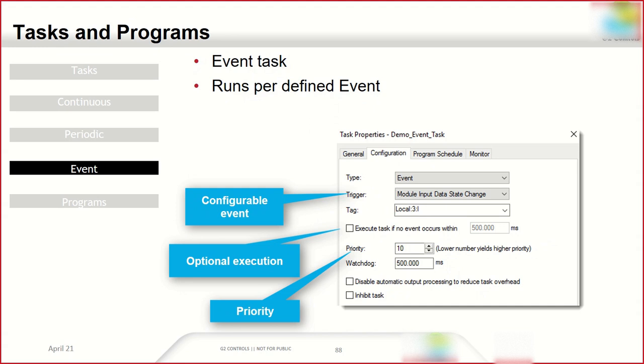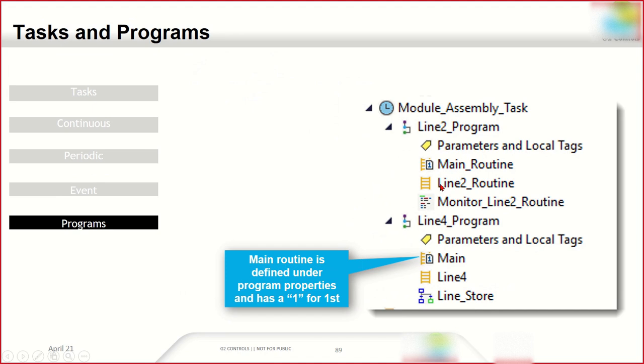And then, okay, in the task there are programs. You can add thousands of programs under the task. It means you can multiply 32 tasks by 1000 programs, and under the program you can add thousands of routines.